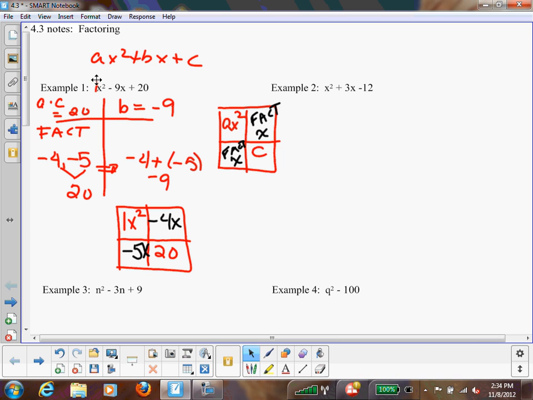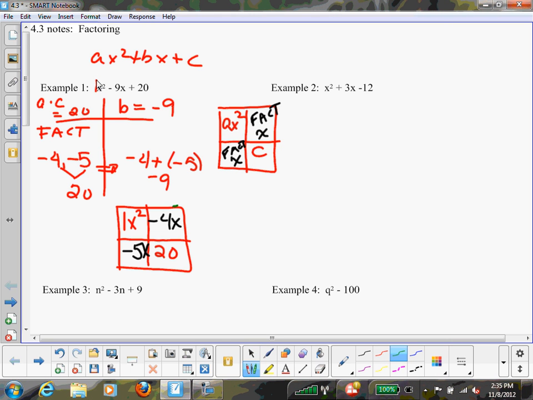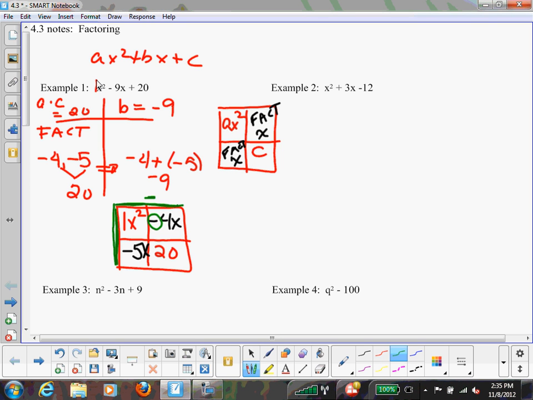All right, you want to pay attention to this part and this part. Okay? Any negative values as we go up or to the left, in other words, since this is negative here, what we're pulling out is a negative value. Okay, what's common between negative 4x and 20x?